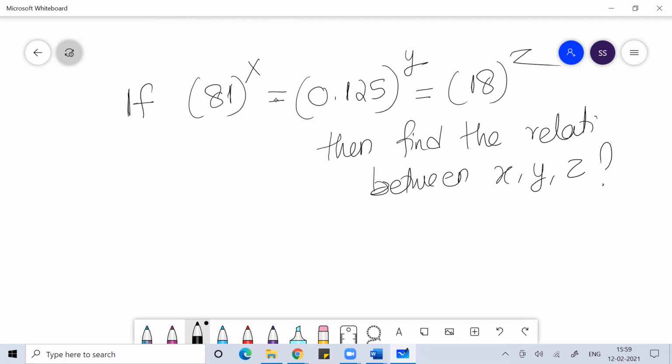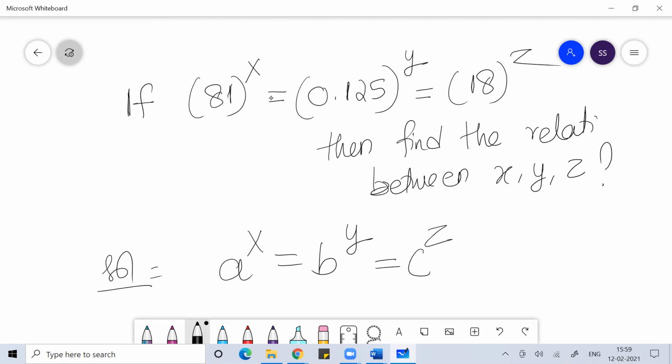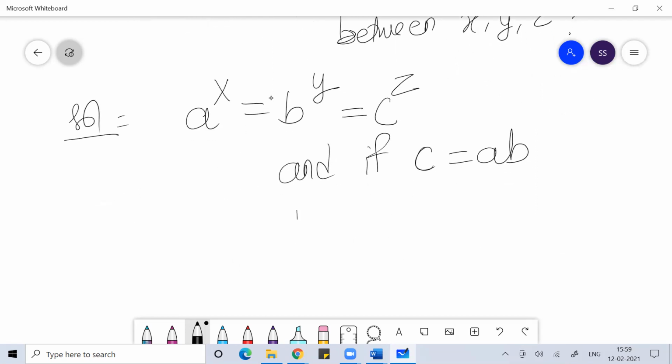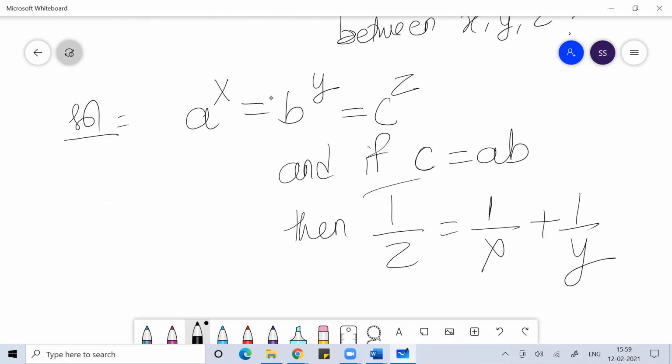So remember one thing when you are solving this: if a to the power x is equal to b to the power y is equal to c to the power z, and if c is equal to a into b, then remember 1 by z will be equal to 1 by x plus 1 by y.